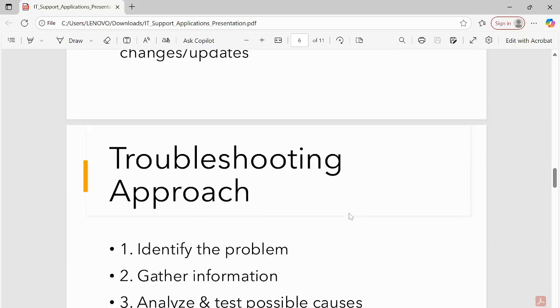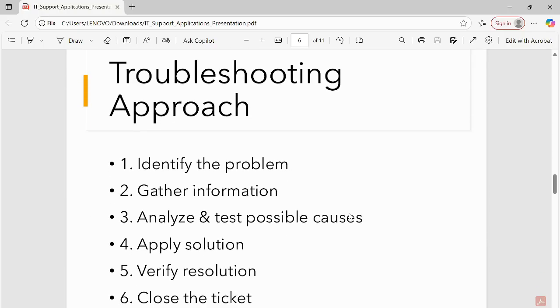Second is the troubleshooting approach: how you will troubleshoot issues if someone is facing issues in applications, and how we will start. First, you have to identify the problem. What is the problem?